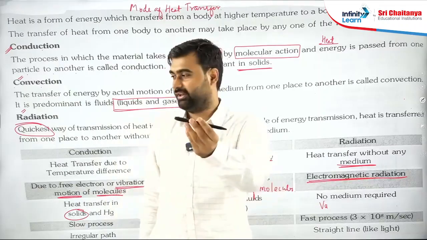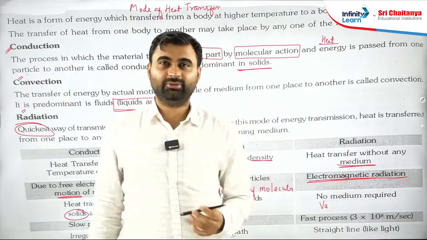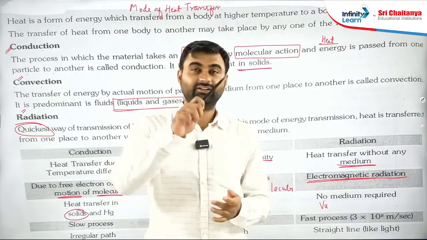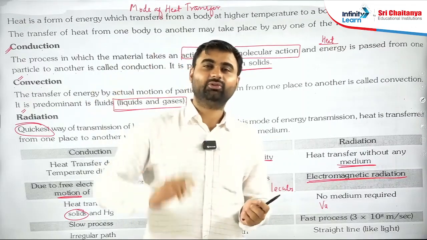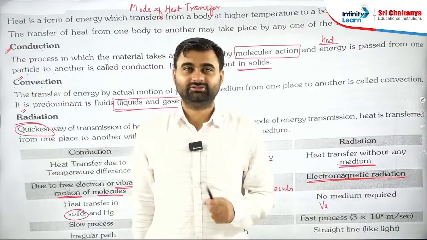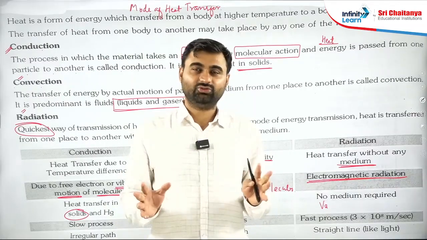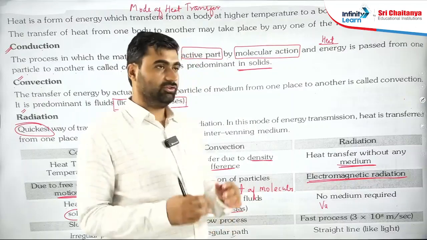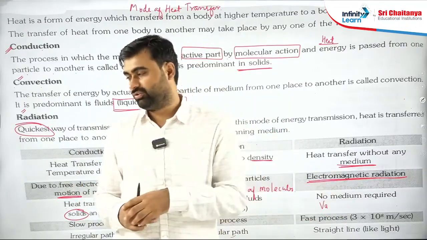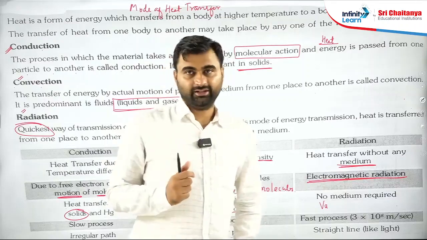We put this hot iron rod in the atmosphere. It will also become cool. So heat is transferred from this hot iron rod to the surrounding. So this is also what? This is also radiation mode. Is it clear? Understood? Okay. So if there is a change in medium, one body to another body, then we talk about radiation.